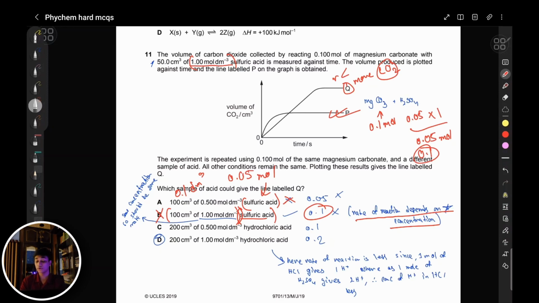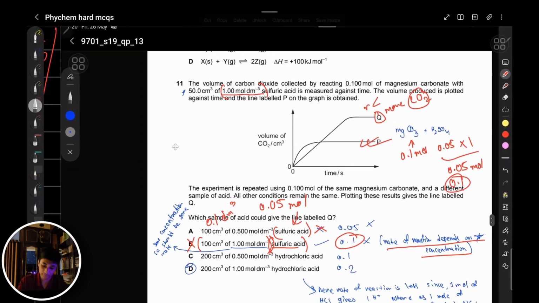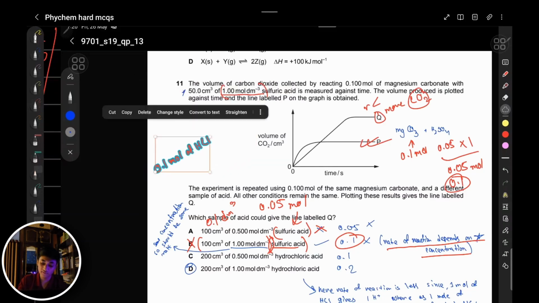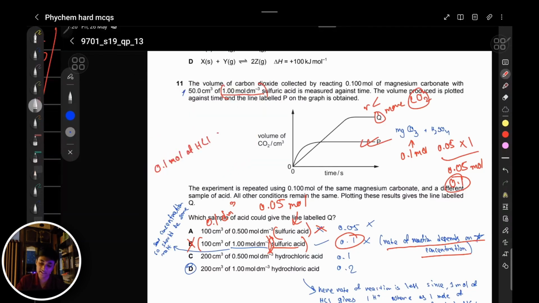Okay, interesting. So 0.1 mole of HCl will give you the same amount of CO2 as 0.05 mole of H2SO4. Can you guess why?